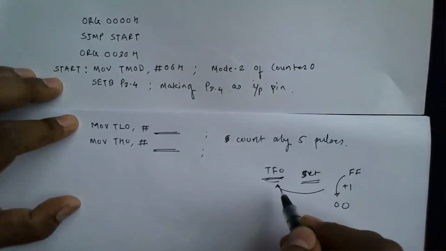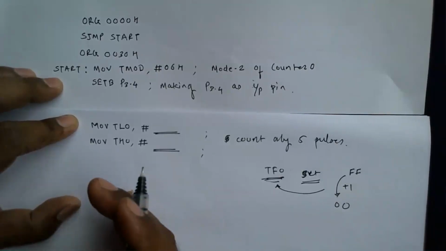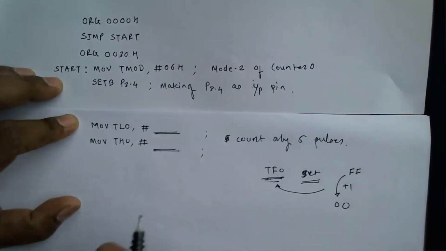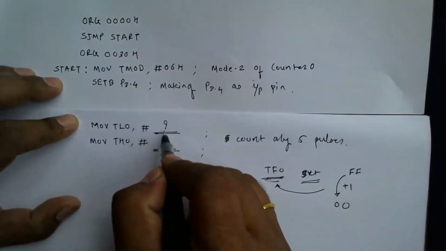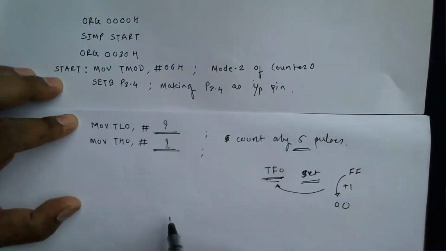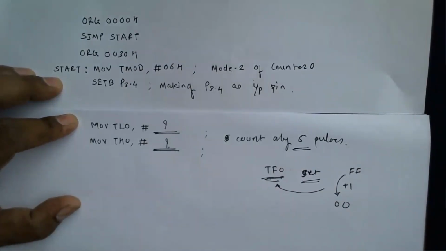At that point this flag will be set, right? So whenever there is an overflow ये फ्लैग सेट होता है. So what value we can place so that after 5 pulses this roll over will occur?